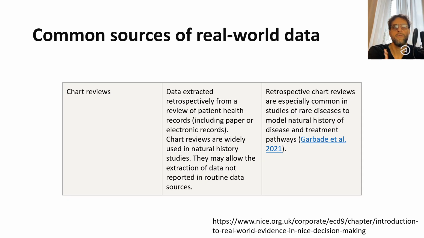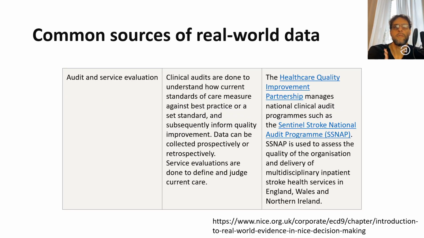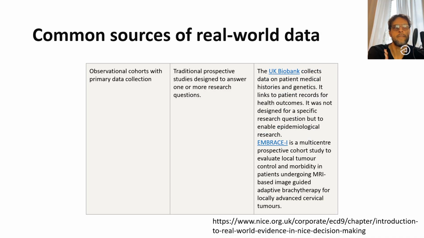And of course, we can use retrospective charts, which are quite common in such studies, to analyze the history of disease and treatment pathways. Also, we can work with clinical audits to analyze current standards of care and how they were implemented in real practice.